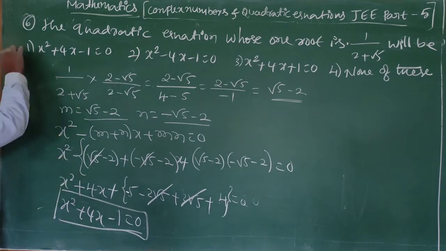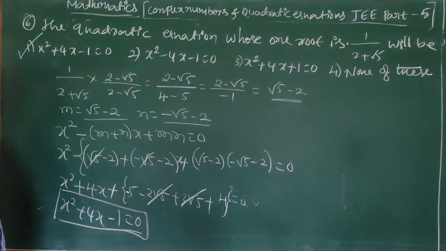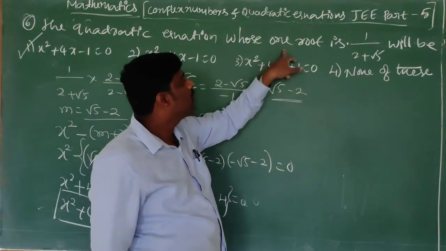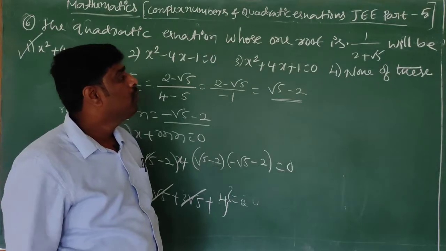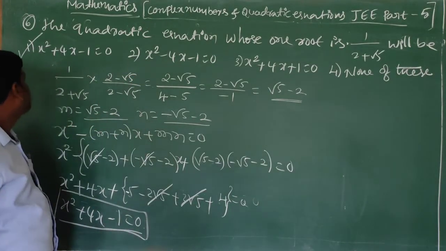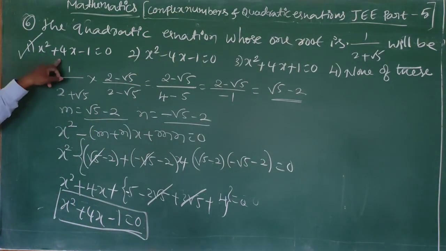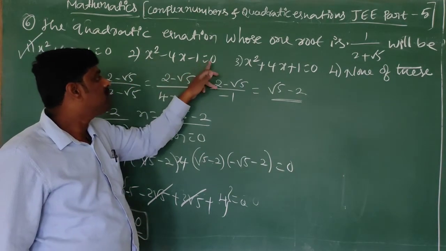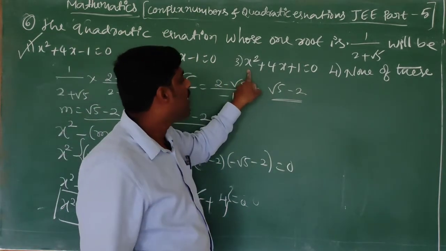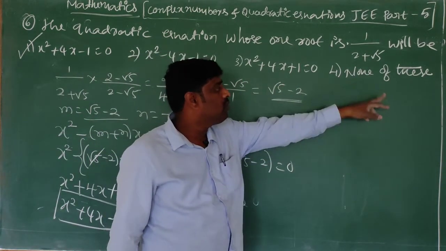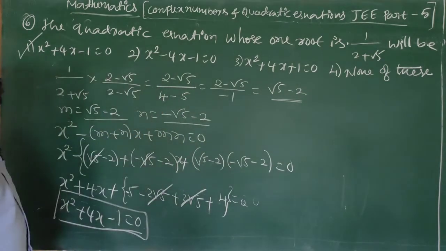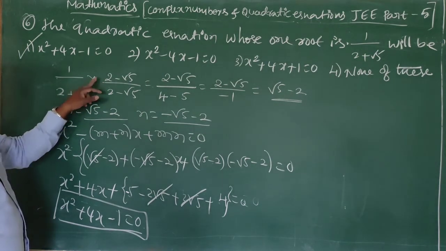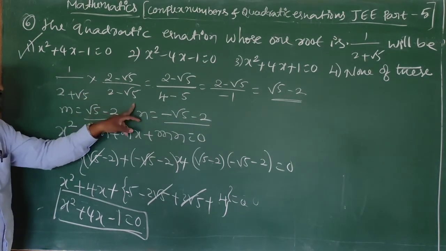Which option? First option. Once again observe, children: the quadratic equation whose one root is 1 divided by 2 plus root 5 will be x square plus 4x minus 1 is equal to 0, x square minus 4x minus 1 is equal to 0, x square plus 4x plus 1 is equal to 0, or none of these. Here the root is 1 divided by 2 plus root 5. Rationalize the denominator: 2 minus root 5 divided by 2 minus root 5.